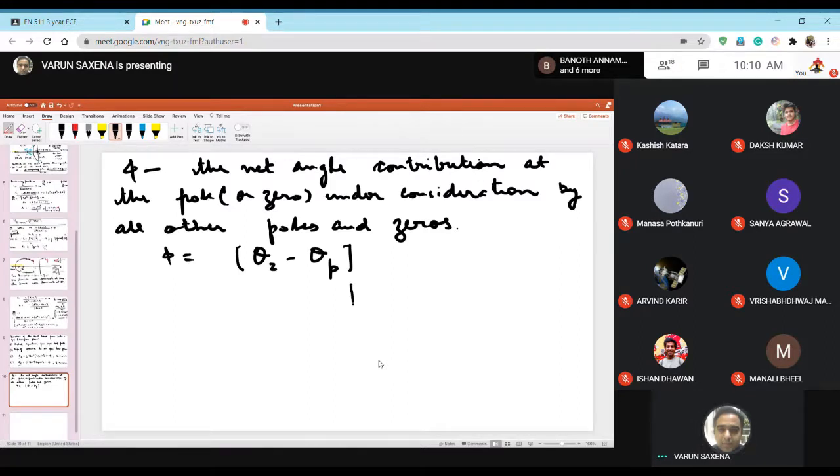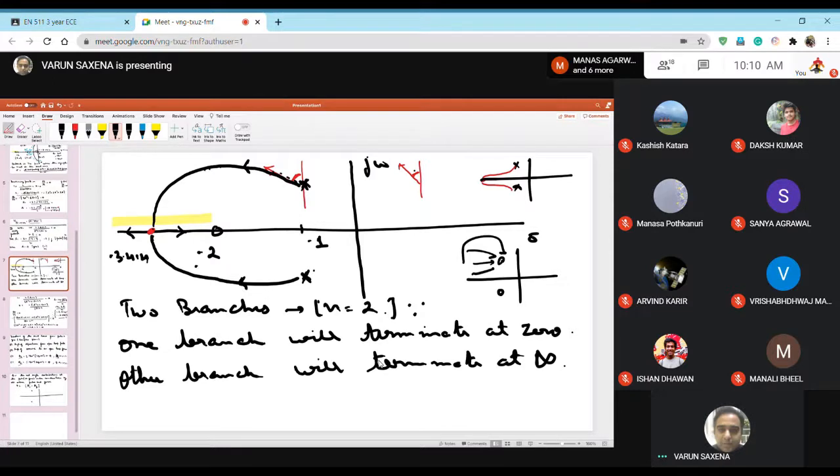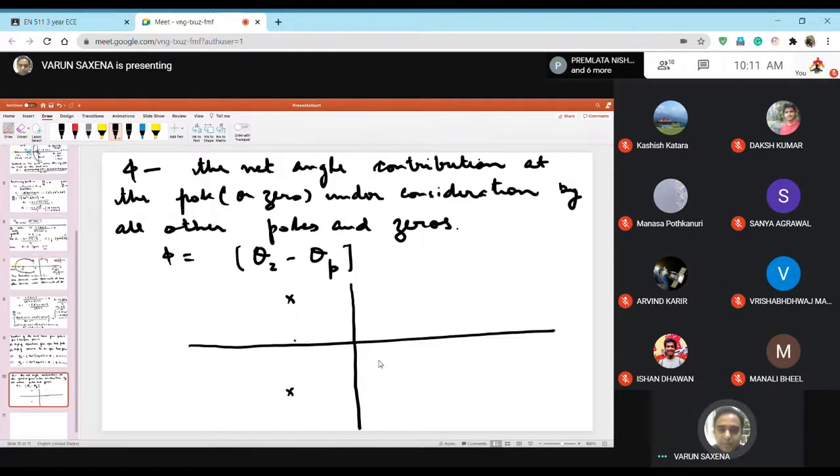The thing was, you had a point here and you had a point here. Okay. So this was the case, right? This is the point in this. So that means that this value is -1 and you have a 0 here at -2.